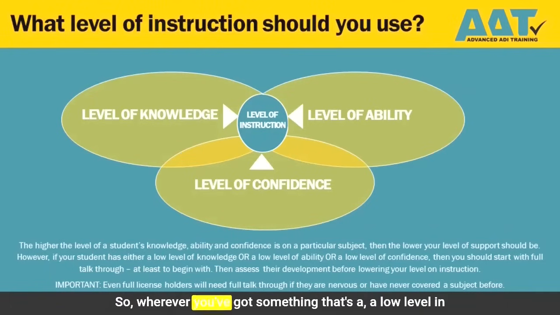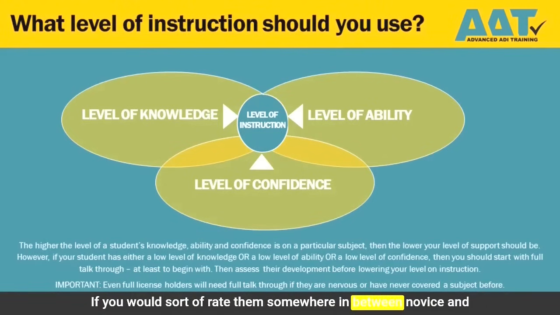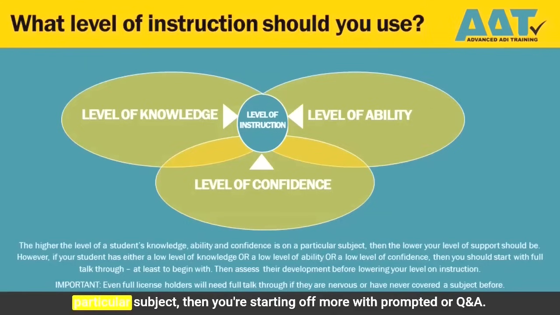So wherever you've got something that's at a low level in knowledge, ability, or confidence, start off with full talk through. If you would rate them somewhere in between novice and test standard, either in knowledge, ability, or confidence around a particular subject, then you're starting off more with prompted or Q&A.